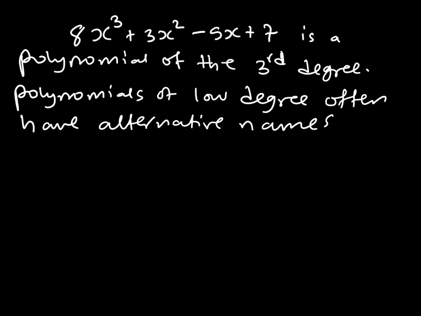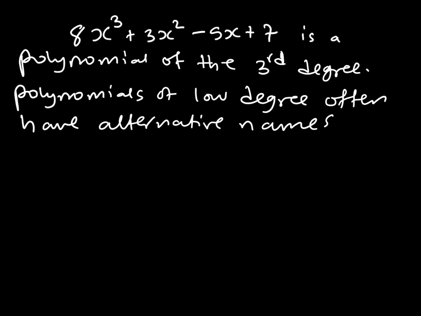You know, the degree of a polynomial ranges from 0, 1, 2, up to about, you can even have 1 million, a polynomial of degree 1 million, okay? But these polynomials of low degree, they often have alternative names, okay?